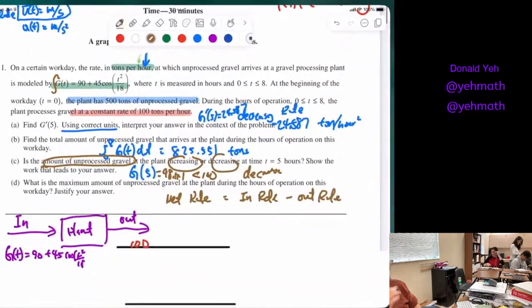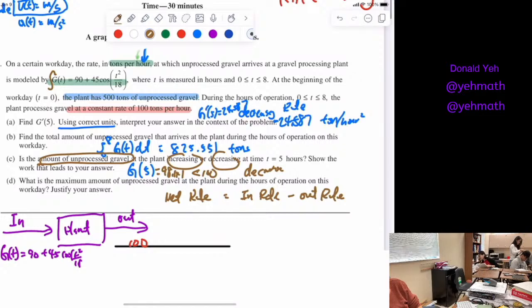But, by the way, what did I forget here? I forgot something. If I just do the integral from 0 to 4.923 of g(t) minus 100, what did I forget here?